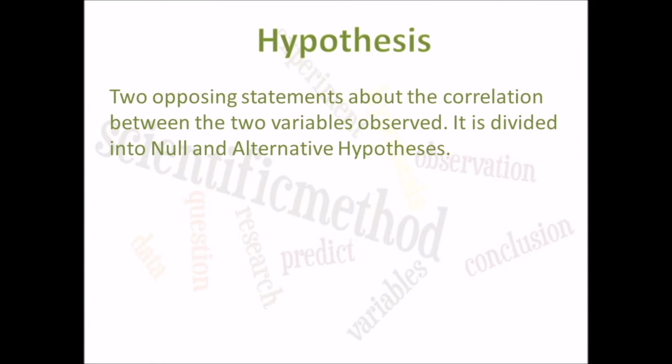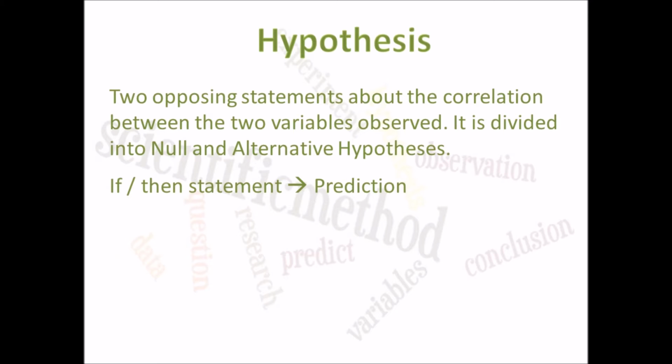Your observations lead you to your hypothesis, which are assertions about how these factors fit together. Are they directly correlated or not? That leads you to your null and your alternative hypotheses. You may have heard a hypothesis be defined as an if and then statement, but this is incorrect.